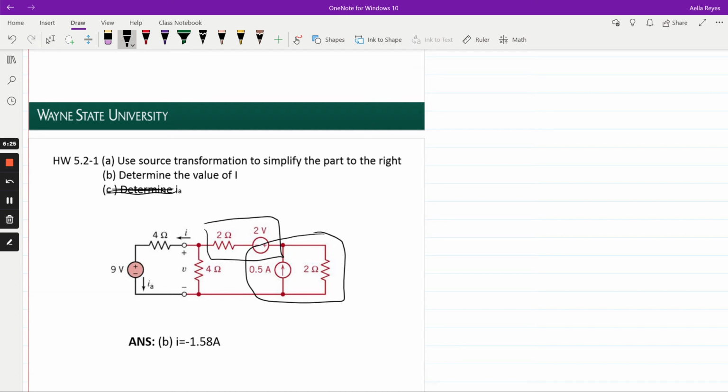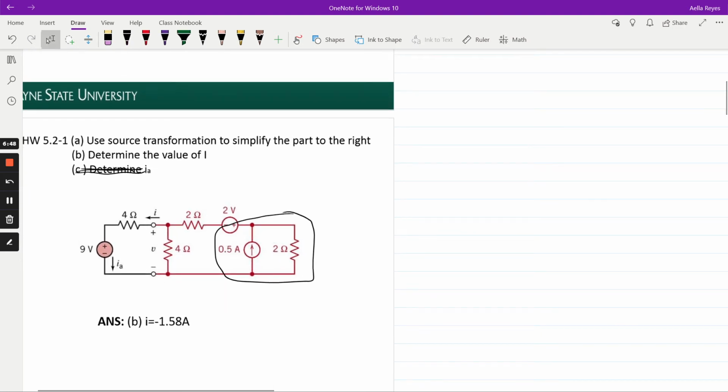So these would just change into the other one, and we still can't add them together. So it's best if we just source transform one of them and then add the respective sources that way. For this problem, I just chose this source to source transform.